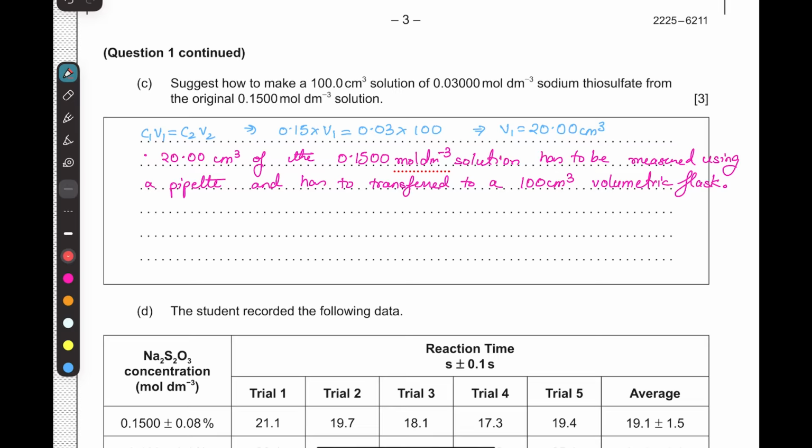After this, we have to add distilled water until it reaches the topmost mark, and then we just have to shake the solution so that it gets mixed properly.